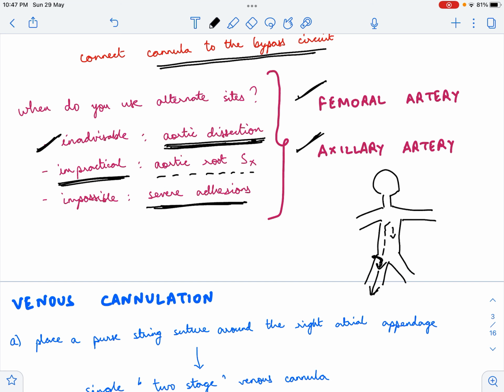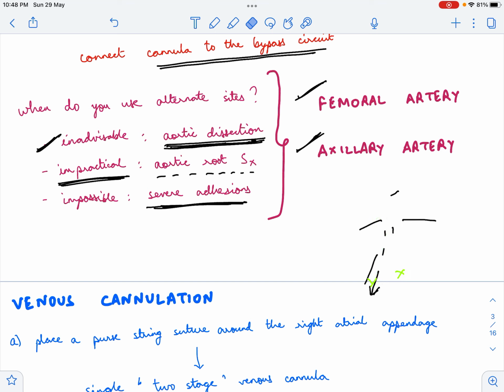Whereas in the axillary artery, I'll use a separate color, you cannulate the patient somewhere over here, and the blood comes in this same direction. So it is antegrade. This is the first advantage of an axillary artery being cannulated over a femoral artery. The second advantage is a theoretical one: if you cannulate the axillary artery, you are going to have relatively fewer thromboembolic events when compared to femoral cannulation.